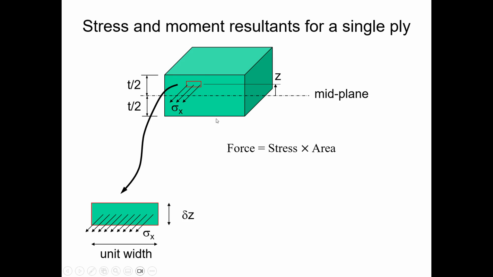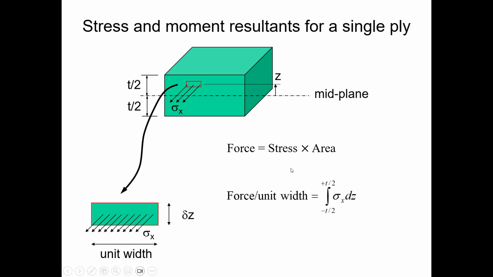In that middle plane, we want to look at a unit width, like the width of that part is 1, and the very small height delta z. Okay, and in such case, what you're looking at is the force. We know basically the relation is force equals the stress times area.